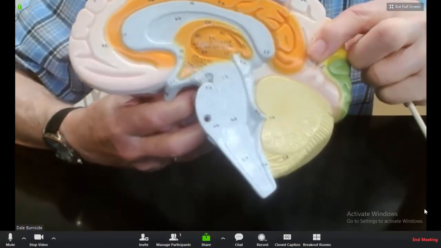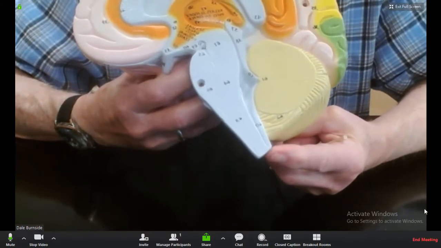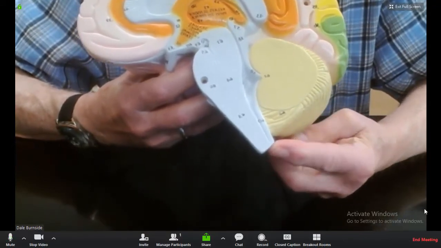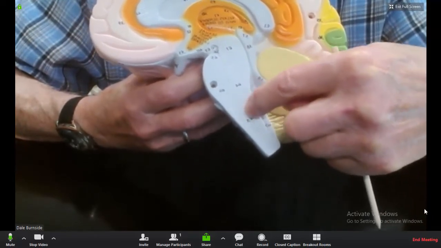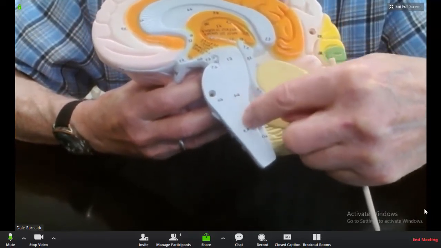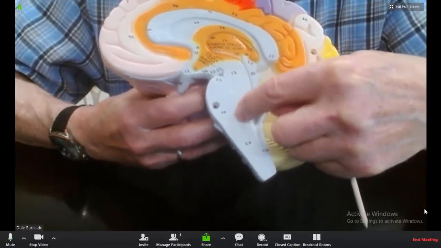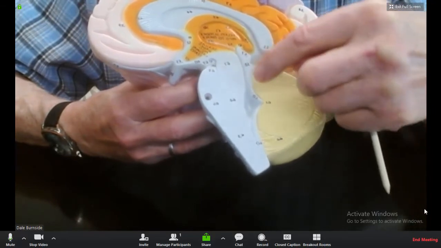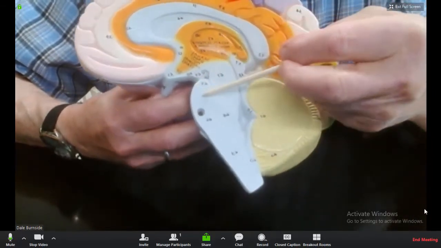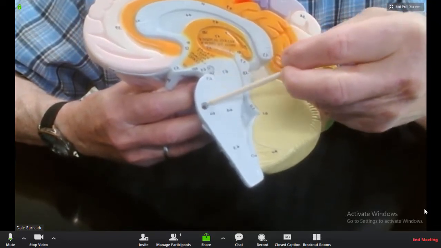Then coming in down here to the brain is the what? The spinal cord. At this lower part of the brain, it's called the brain stem. That's called the medulla oblongata. There's your cerebellum back there. And then this part of the brain right up here is called the pons.